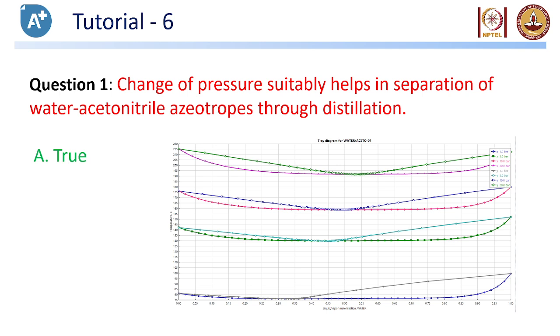For example, let's say on the LHS we have A and on the RHS we have B. Initially at one bar, we have azeotrope at about 33%, and then when we increase it to 5 bar, the azeotrope is about 42 to 43%, and this is about 50%. So azeotropic composition is changing with respect to pressure. Using this, we design the distillation columns for getting both the components.